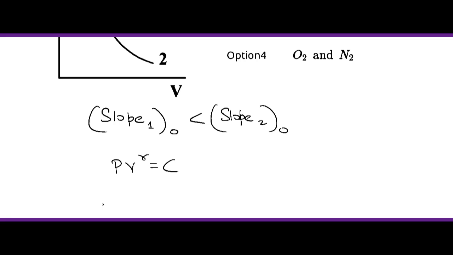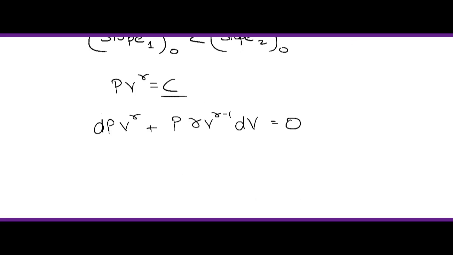If we differentiate both sides, we get dP into V to the power gamma plus P into gamma into V to the power gamma minus 1 into dV. Since C is a constant, its differentiation is equal to 0.